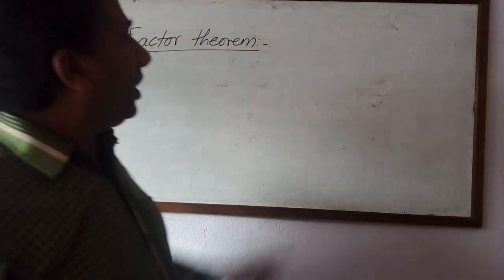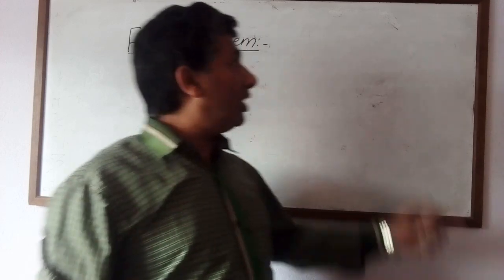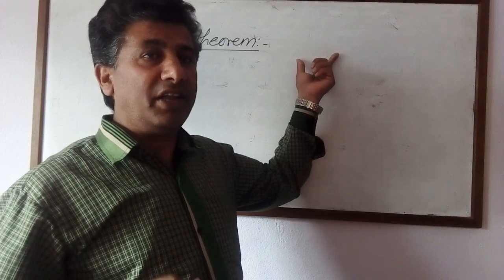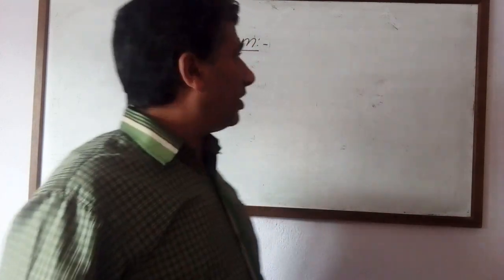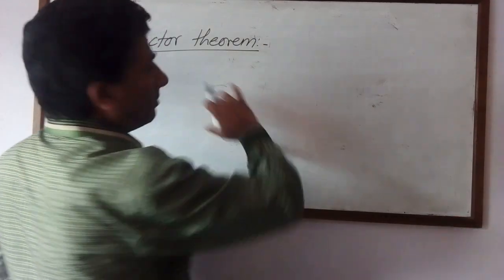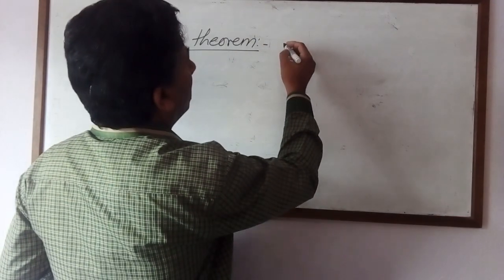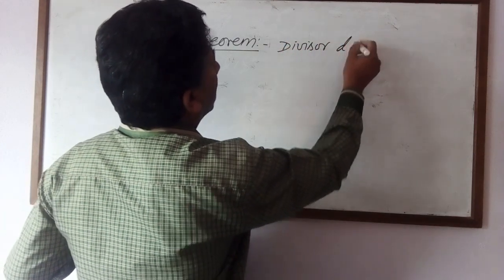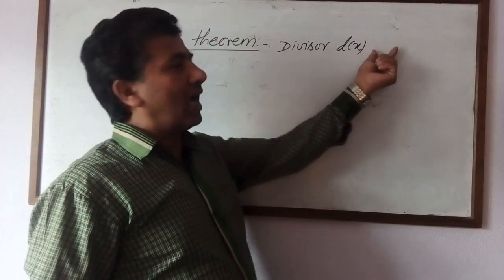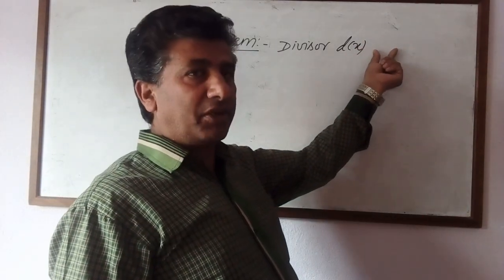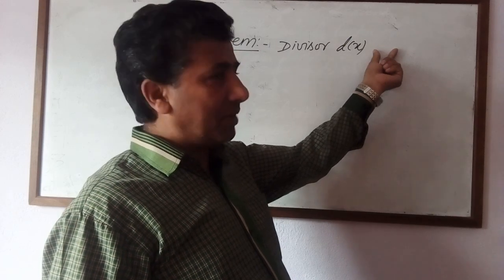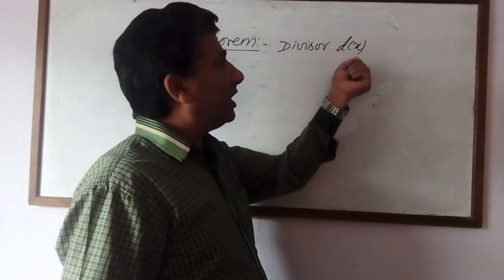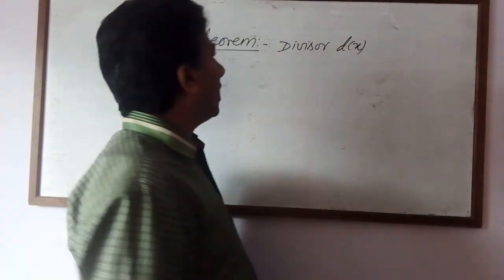When a polynomial is divided by a divisor, then the divisor will be a factor if the remainder is 0. In short form I will write divisor dx. This divisor dx I haven't written here as x minus a, x plus a, x plus b, x minus b. The divisor can be of any form. That's why I wrote only dx. In place of dx, different forms are there. We can write later.